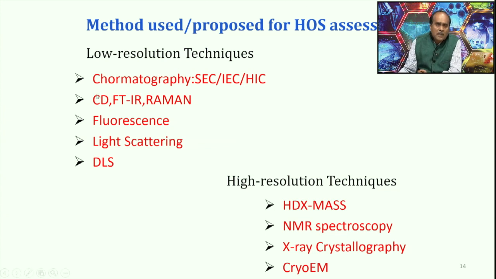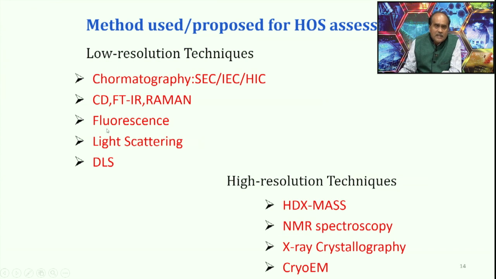Then there are some low resolution structural techniques like circular dichroism that gives an overall idea about secondary and tertiary structure. Then FTIR or Raman, it works on vibrational spectroscopy angle, and also it gives an idea about secondary structure. Then fluorescence is also used to establish the folded structure or tertiary structure of a biologics drug. Then for looking at the aggregation or molecular state, light scattering or dynamic light scattering is used.